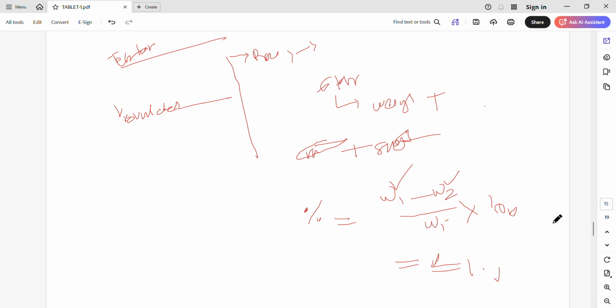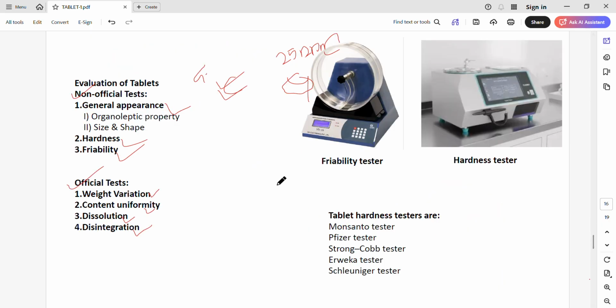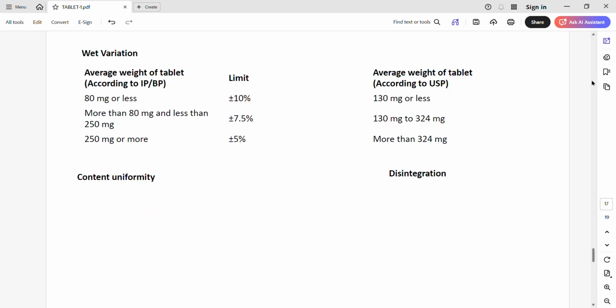Now we discuss weight variation. In weight variation we select 20 tablets and weigh them individually. Then we calculate the average, the sum of all tablets divided by 20, to get the average weight.